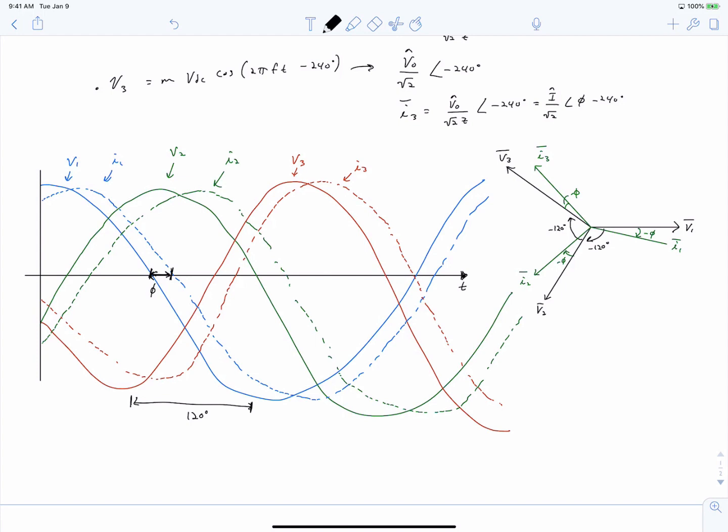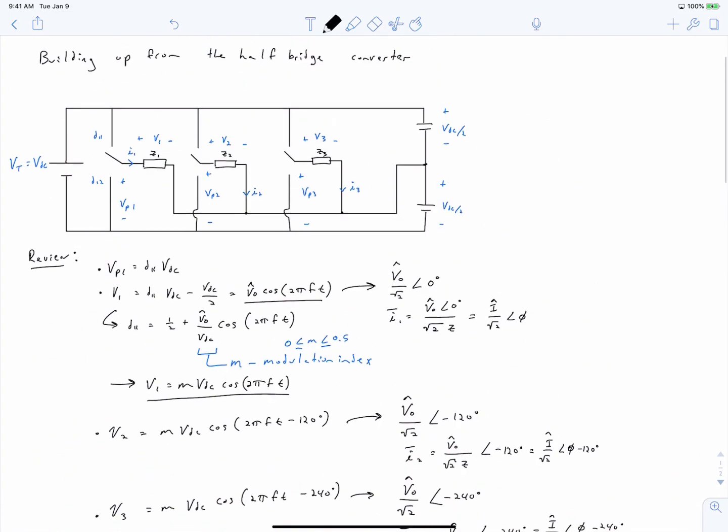Okay, so we now have the transient drawing and the phasor diagram of our voltages and currents. So if we go back up to the circuit up here, I want to point out that I1 adds with I2 and I3 to complete the current path.